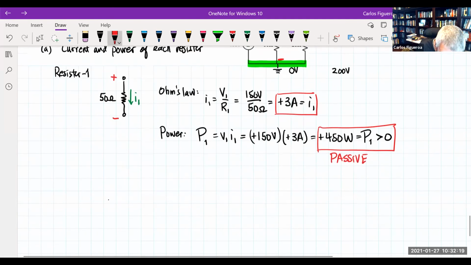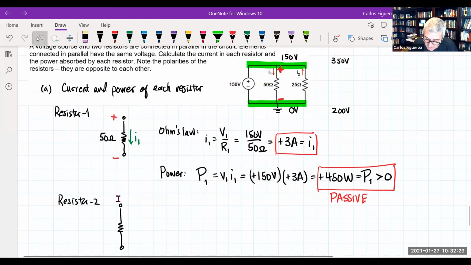When I now look at resistor 2, the sign convention here is that look at that current I2. What this is really telling me is that the current I2 is going upstream. And if it's going upstream, this immediately tells you that there's a sign problem. The current must be negative in this case.